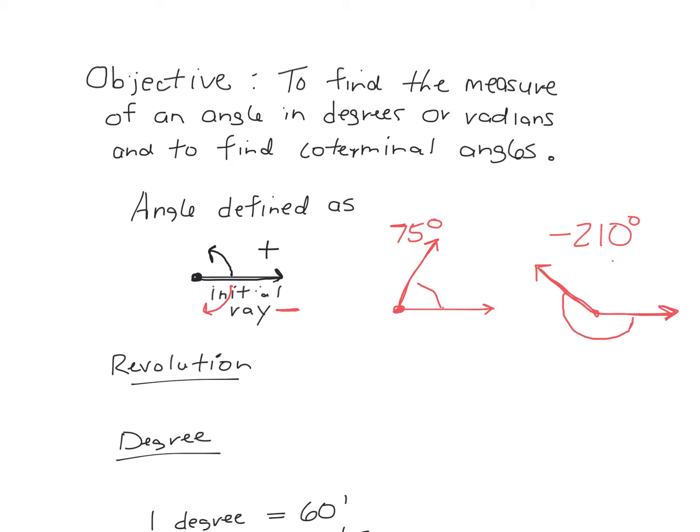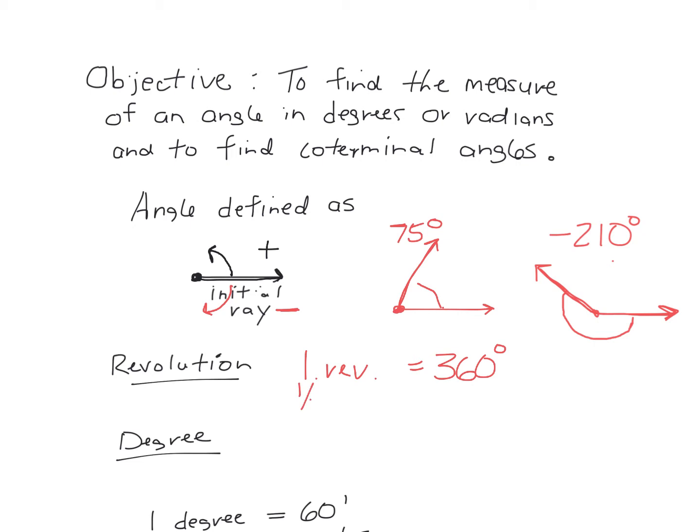Now, we're going to measure angles in different units of measurement. One of those is a complete revolution, which is a circle all the way around, and I believe you're familiar with 360 degrees in a circle.